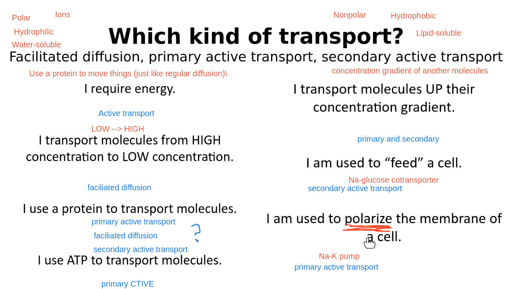So I'm glad that we know what polarized means. Yeah, so polarized means we're different inside and outside. We have to be different inside and outside for the cell to be alive. And today we're especially going to talk about how neurons work. The way that neurons work 100% depends on them being polarized. So we've got to get a different concentration of sodium outside compared to the potassium that's inside for us to be able to change the charge on the membrane.